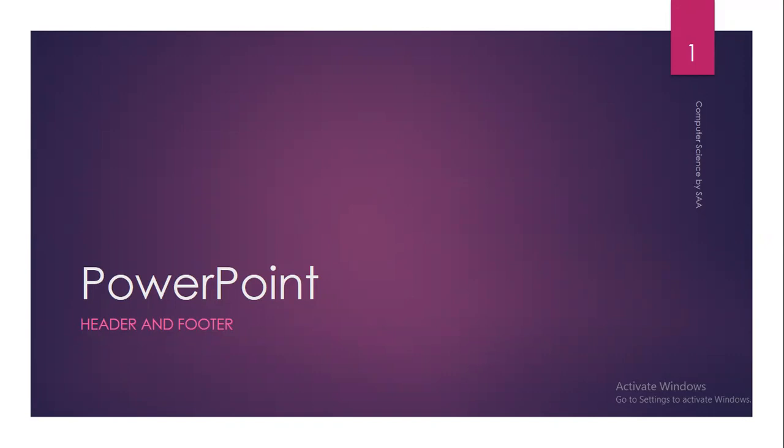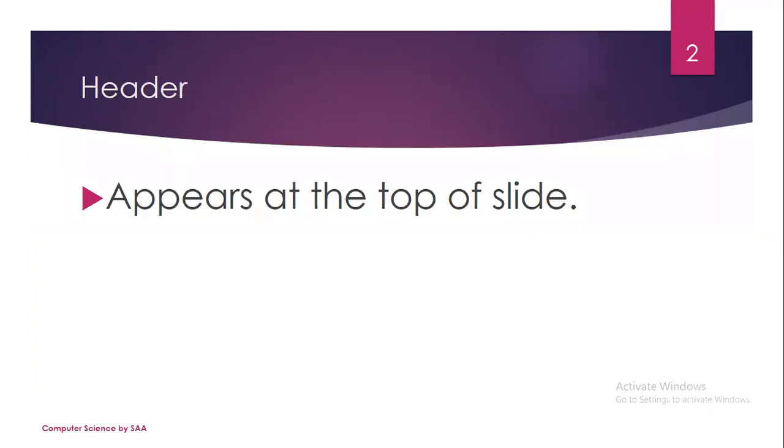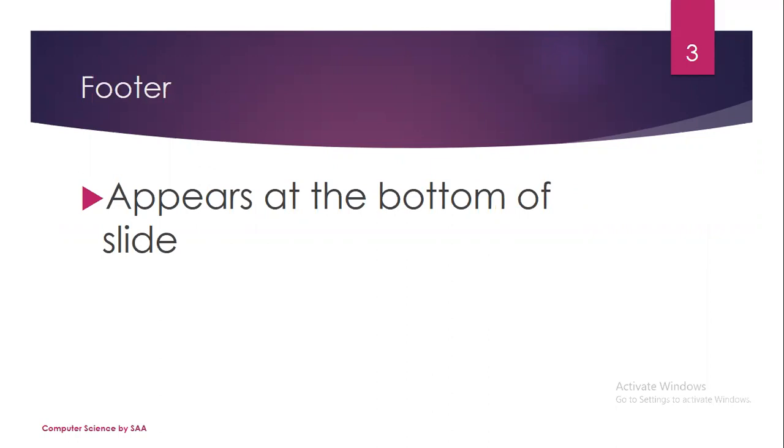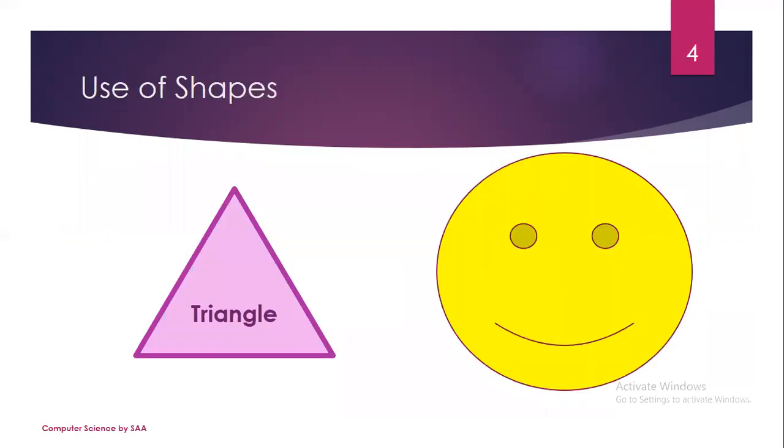So this is the first slide. For moving towards the next slide, simply press the mouse button, or you can use the arrow keys from your keyboard. So this is the third slide. I'm running the slideshow. This is the slideshow.